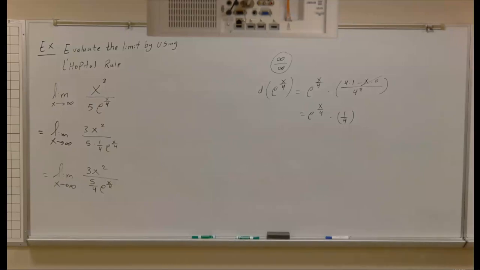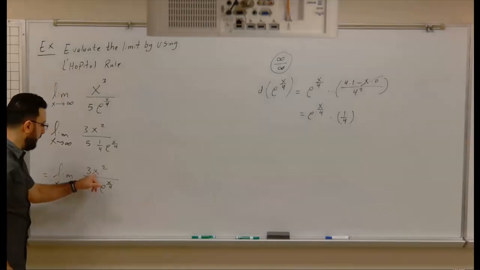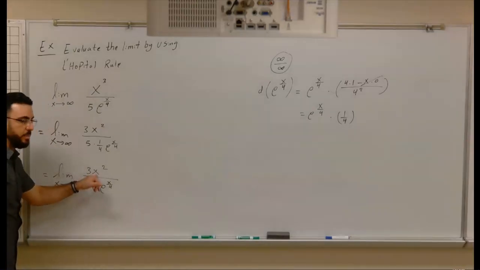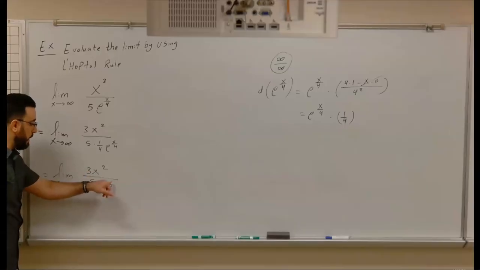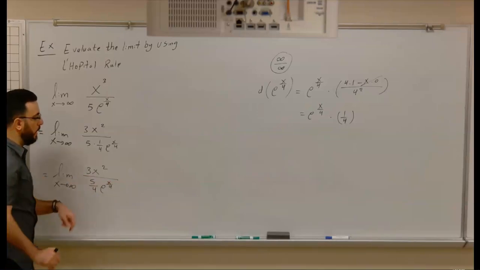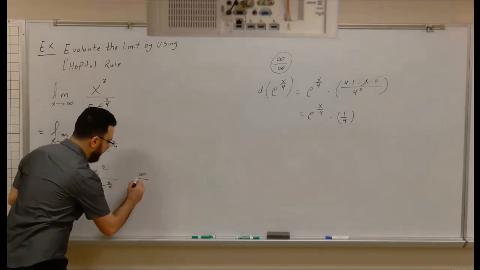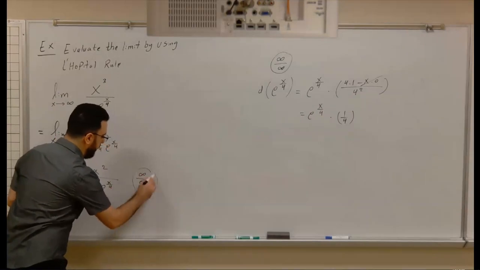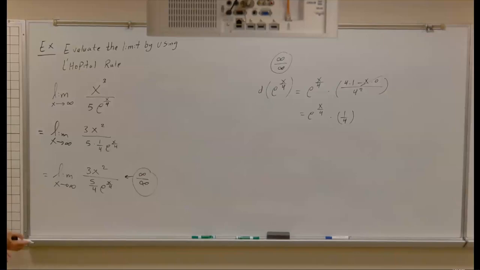Because here, 3 times infinity squared is going to be infinity. Exponential x over 4 is also infinity times 5 over 4. So infinity over infinity. That means this is also an indeterminate form. So I can go back and use L'Hopital's rule again.